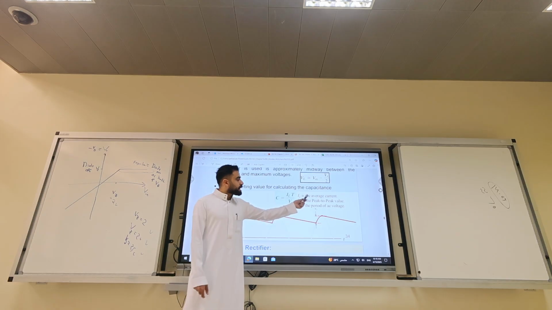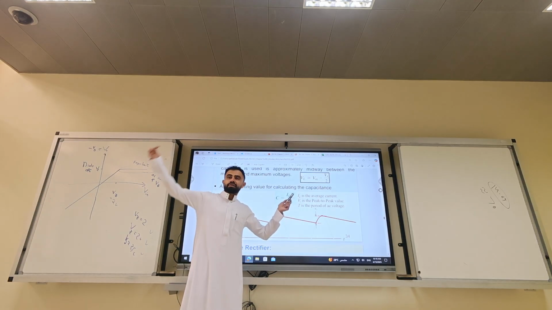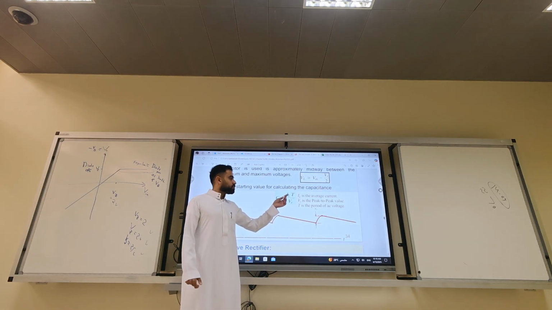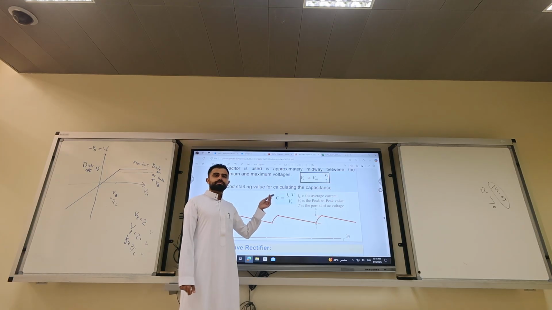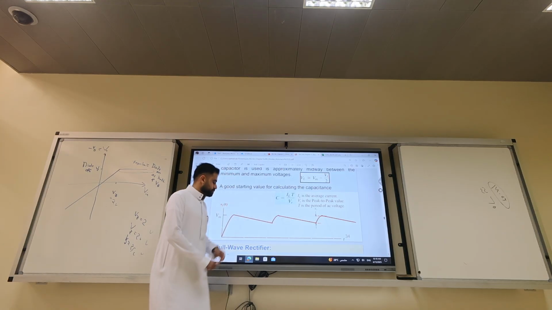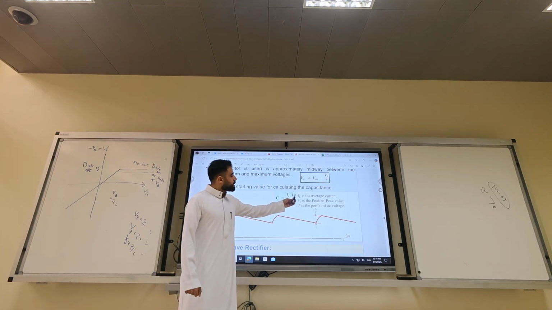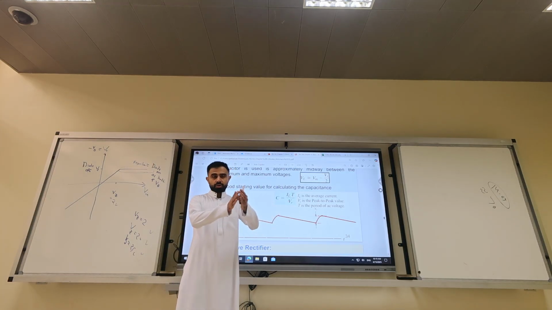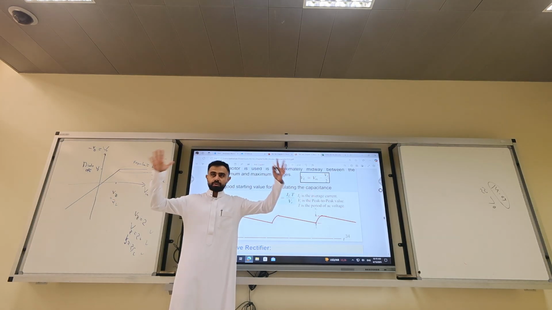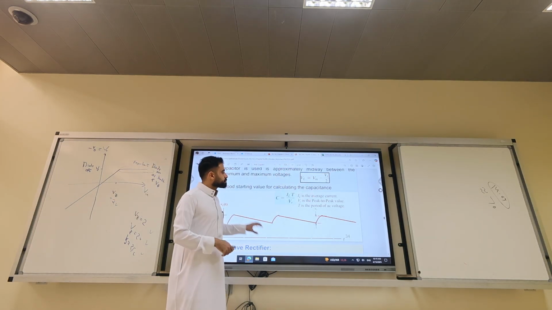Of course, if you have bigger current, you are charging faster, so bigger current would lead to a bigger capacitor. And for the period of the voltage, if you want to store over a longer period of time, you need a bigger capacitor to store. Okay?